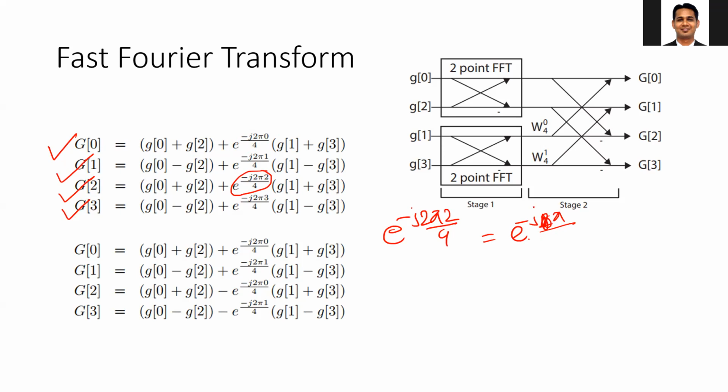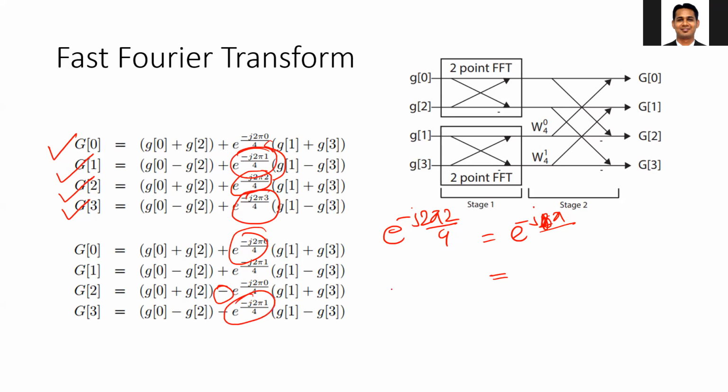And e raised to minus j pi, you can always write in terms of the first term by having the negative sign. I leave it to you to calculate the corresponding equations. Similarly, you can represent this term in terms of this term with the minus sign.